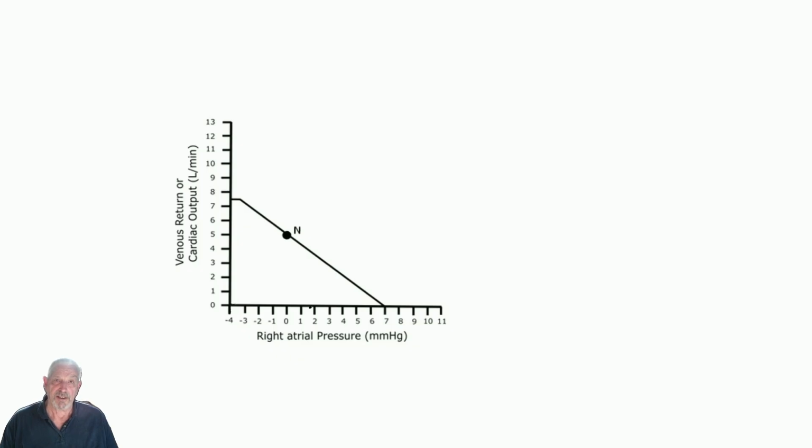So starting with a clean venous return curve again, let me put the mean systemic filling pressure pinpoint on here. Who decides which point right atrial pressure is working on the venous return curve?